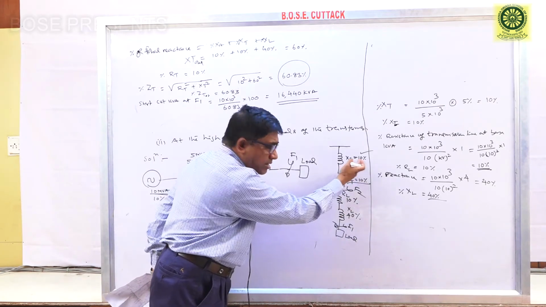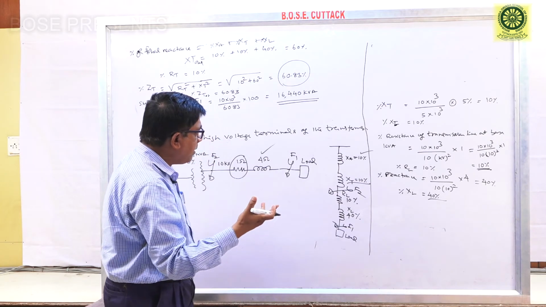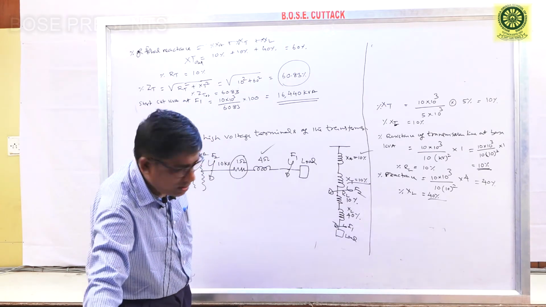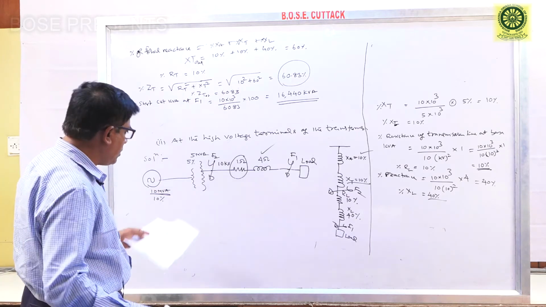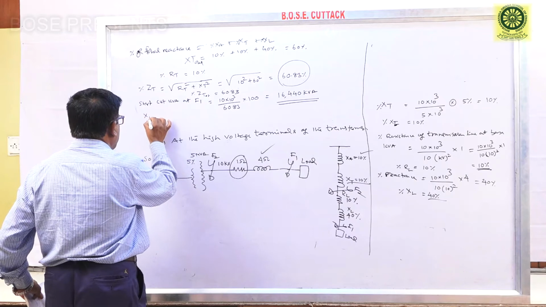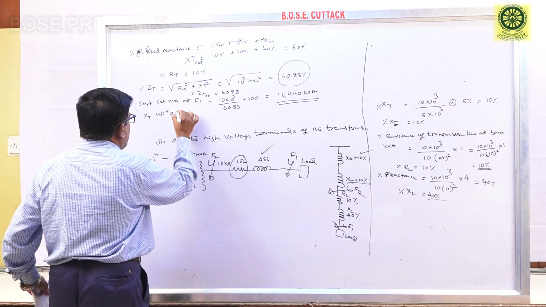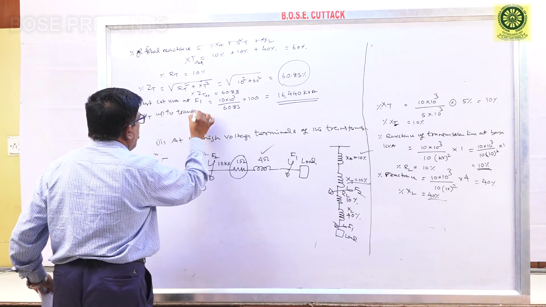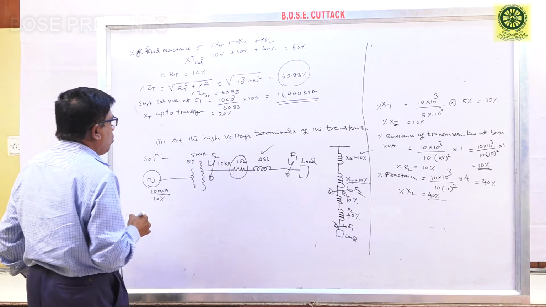XA is equal to 10% of the alternator and XT is equal to 10% of the transformer. So what is the total reactance? Those are connected in series. Total reactance up to the transformer is equal to 20%.